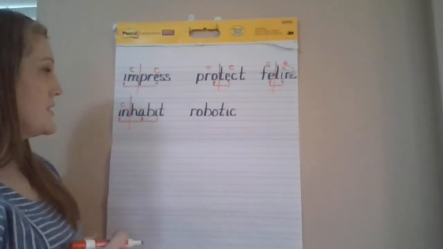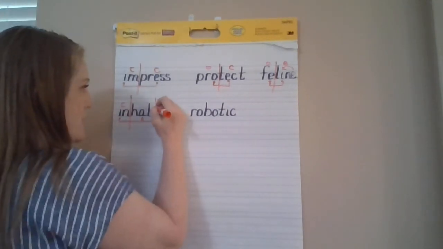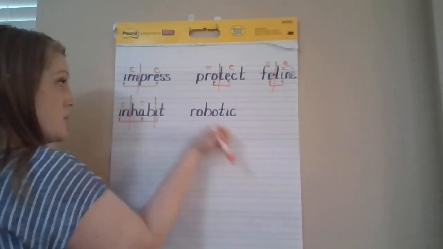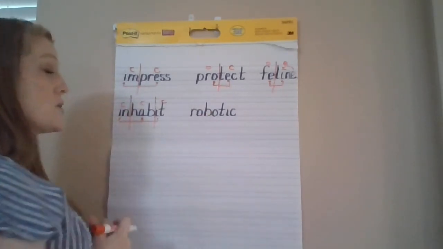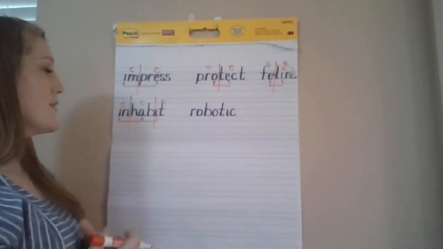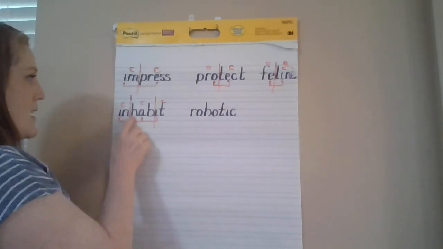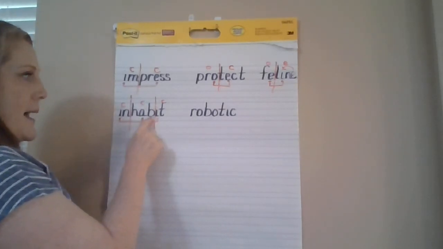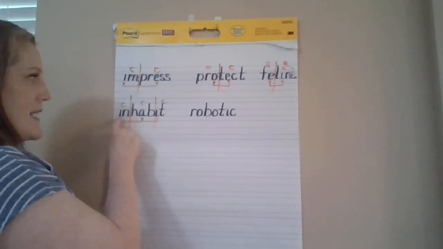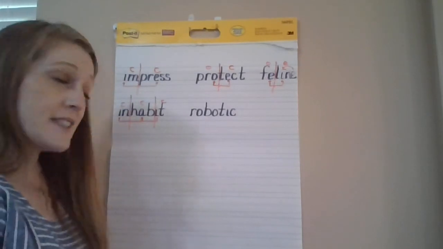I am going to go ahead, because we are just checking our work, and divide it after that one. So that would make this a closed syllable, and this is a closed syllable as well. That means all 3 of these are closed, so all the vowels will have a short sound. In, hab, it. Inhabit. If you inhabit something, you live there.